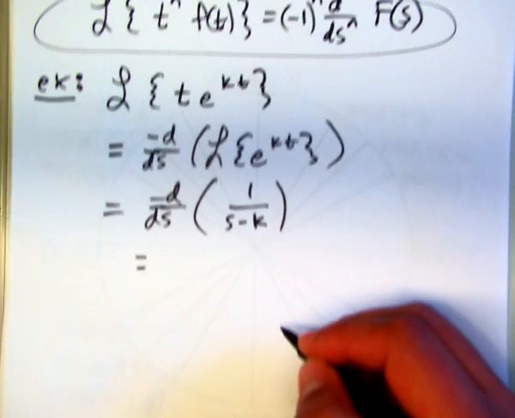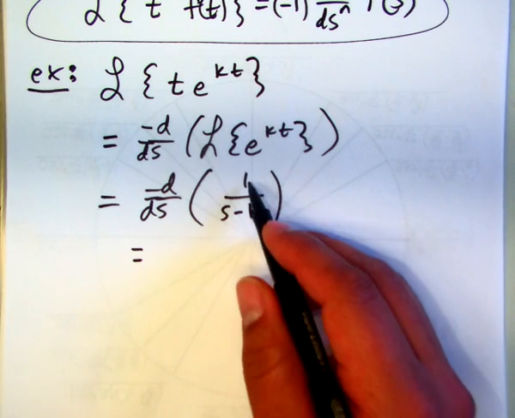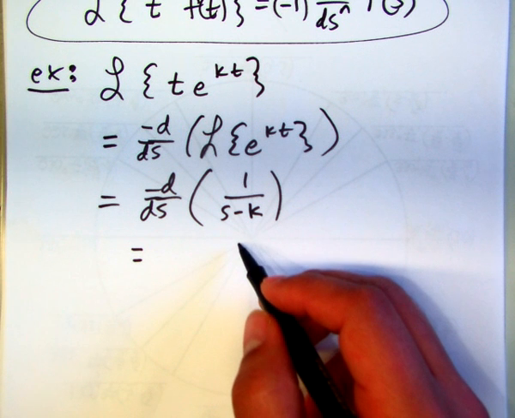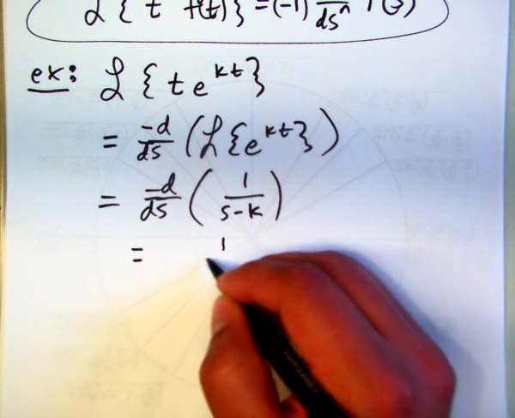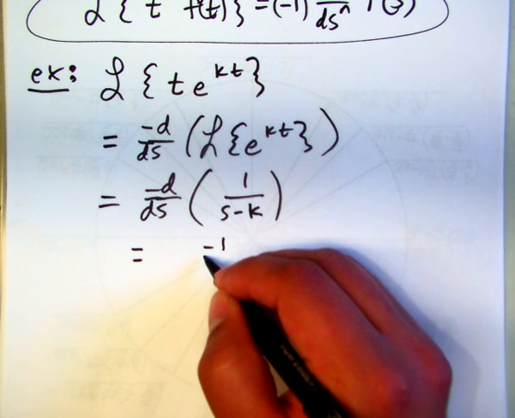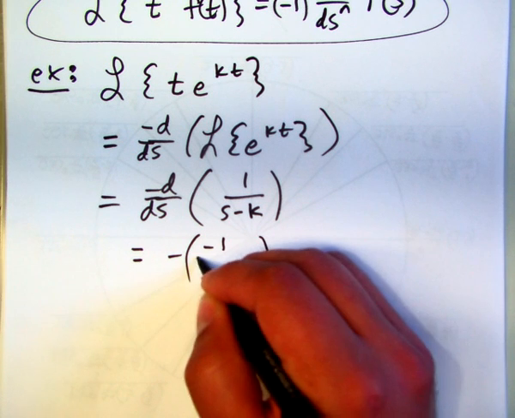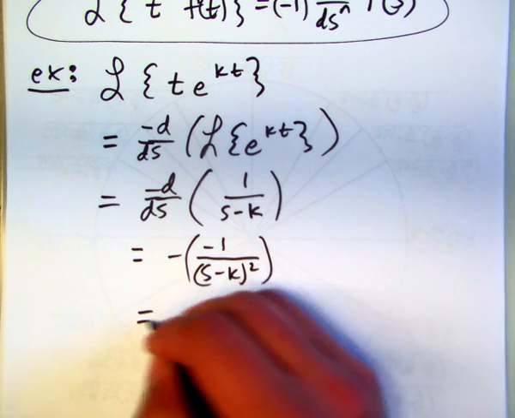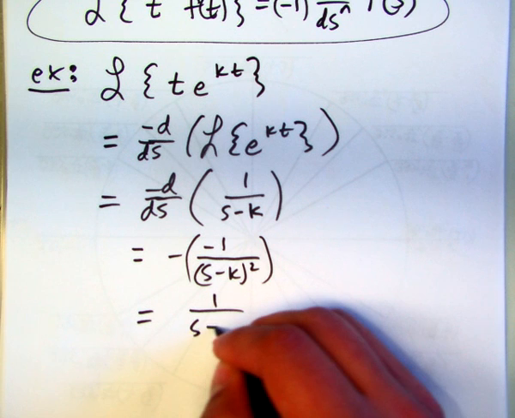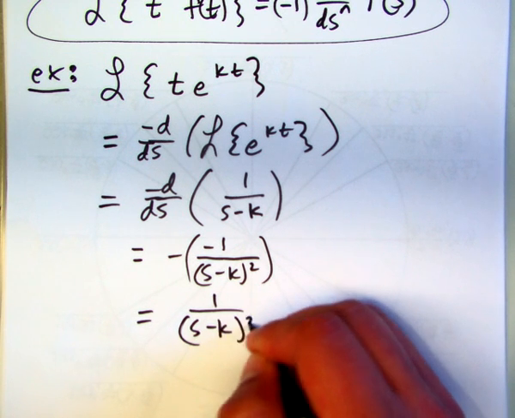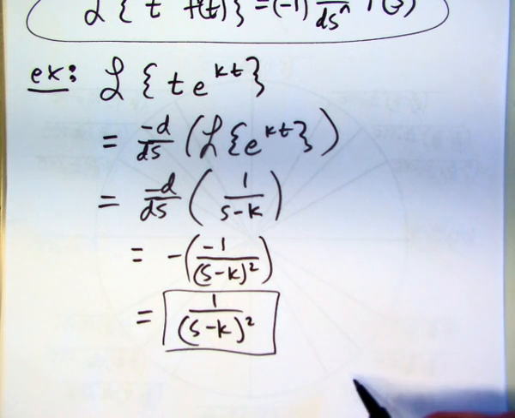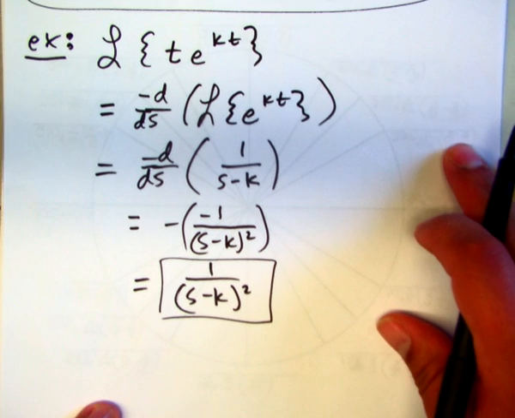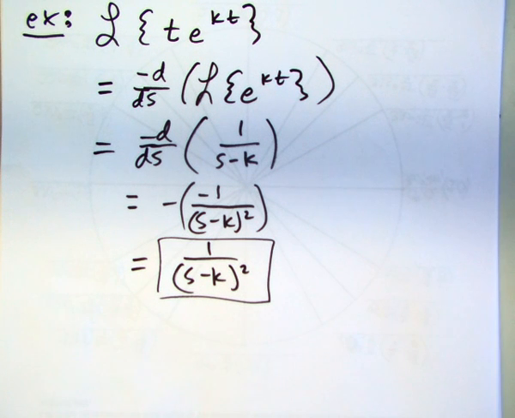If I now take the derivative of 1 over s minus k with respect to s, it becomes -1 over s minus k squared, which just gives us positive 1 over s minus k squared. Okay? I think you guys get the idea.